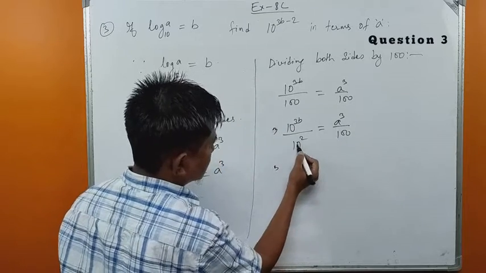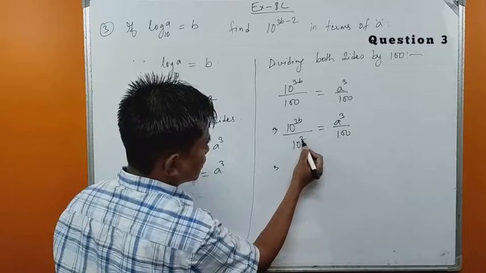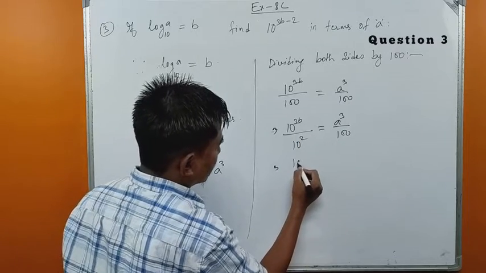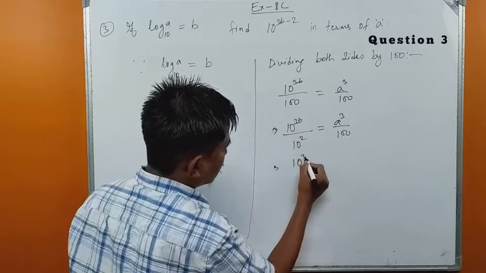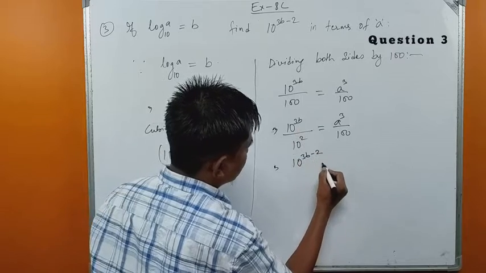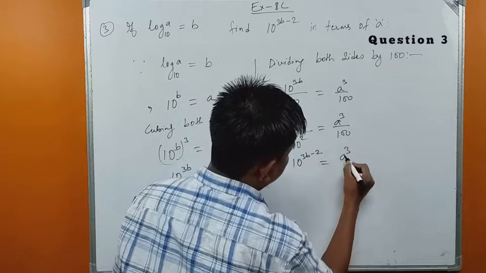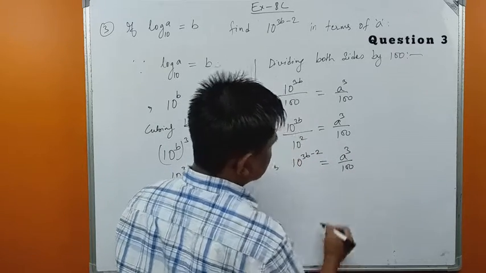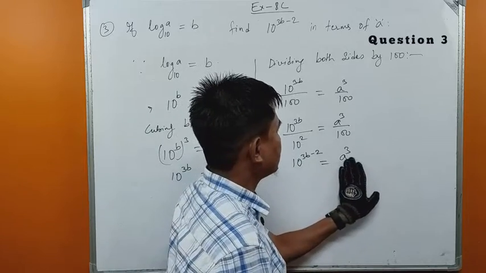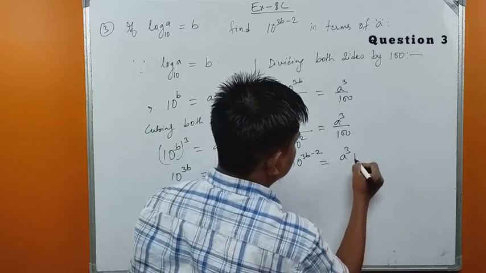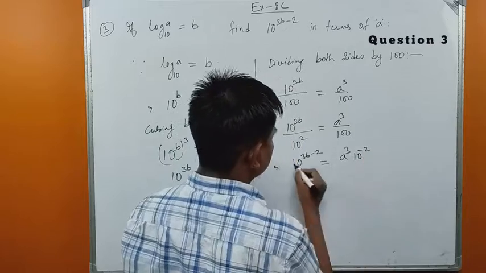Or you can write this as, 10 and 10 same base, this means this power goes to the numerator and subtracts. Okay, 10 to the power 3b minus 2 equals to a cube upon 100. You can write like this, or you can bring this 100 to the numerator and write 10 to the power minus 2. Both are correct.